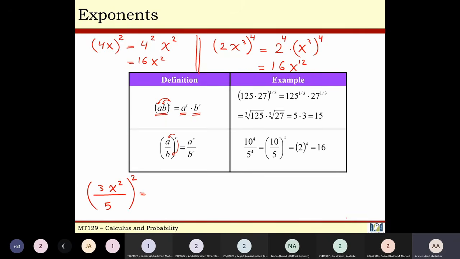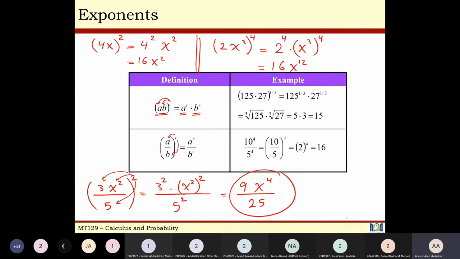This means we must distribute the square on the 3, on the x square, and on the 5 in the denominator. So distribute the 2 for 3, for x square, and for the 5. This equals 9x to the power 4 over 25.